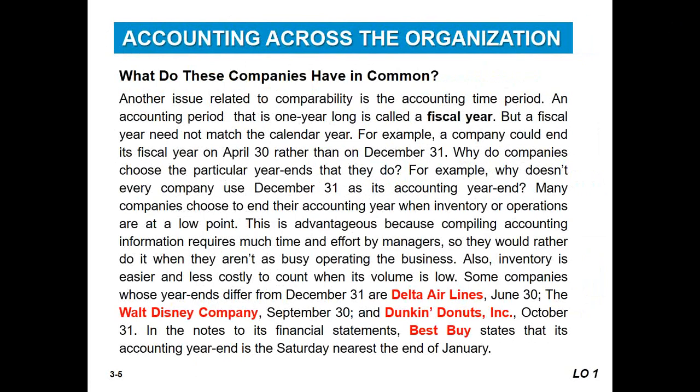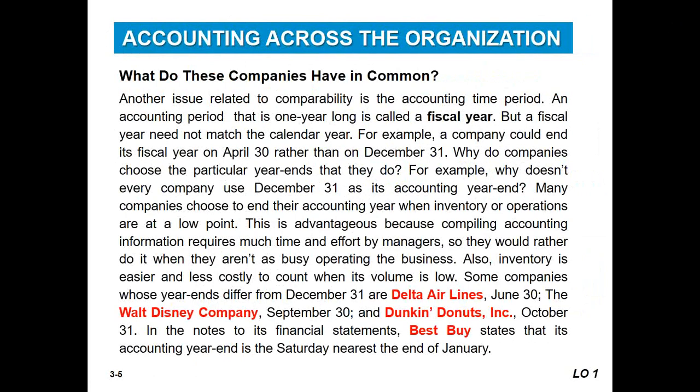Accounting time period. Many companies use calendar years, but many companies also use fiscal years. And the corporations can choose a fiscal year, and they generally choose it based on the life cycle of the business, the business cycle. They want to have their year end at their slowest time.